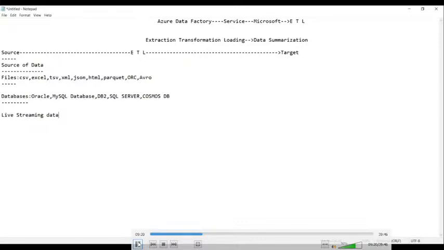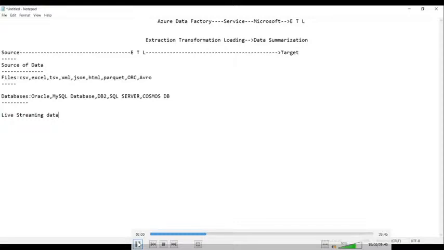So what do you mean by live streaming data, guys? Think of the stock market. Have you ever seen how it works? The values change every second or every minute. The session will be live. Or, for example, a live cricket match.